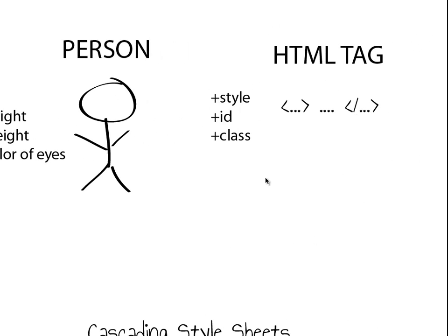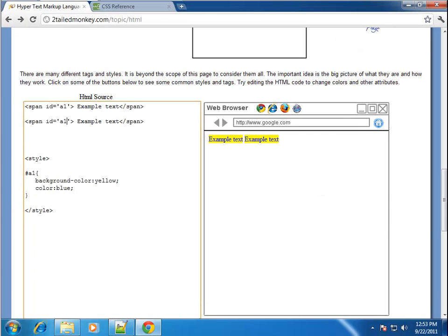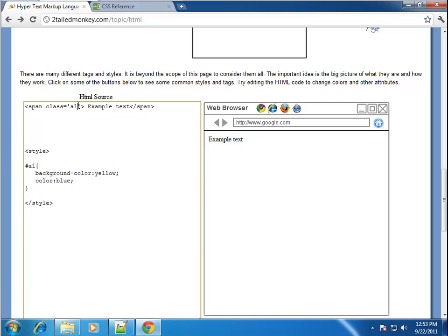In that same idea, if you want to apply an attribute or a cascading style sheet to multiple of them, you should use a class. So I'm going to change this to class. And boom, boom, boom, boom. Class, we'll say C1.